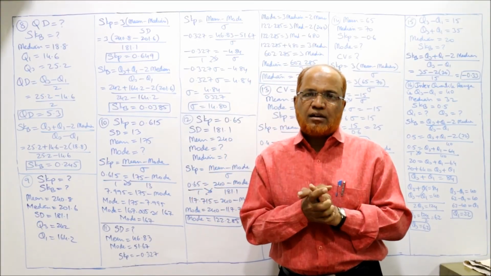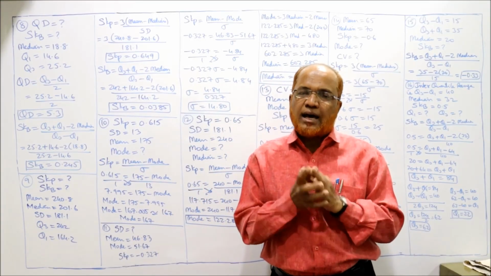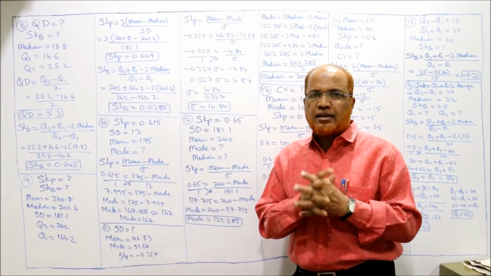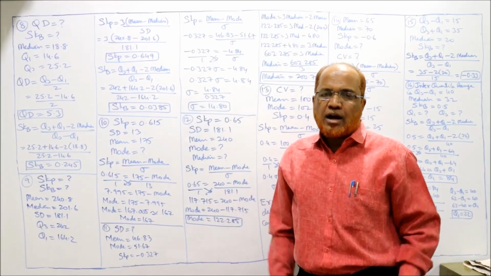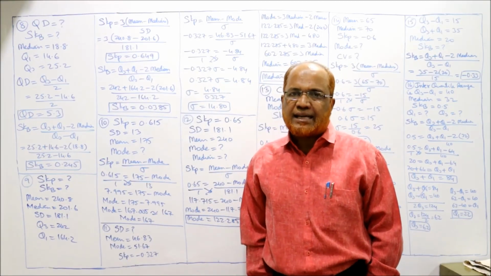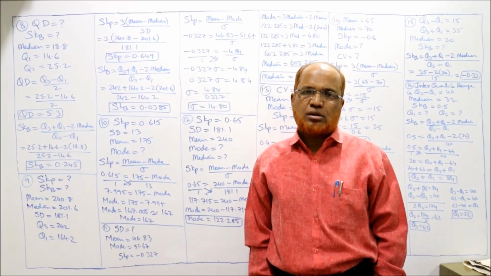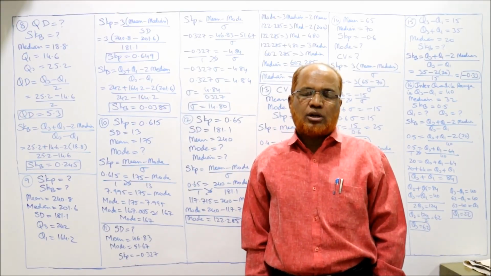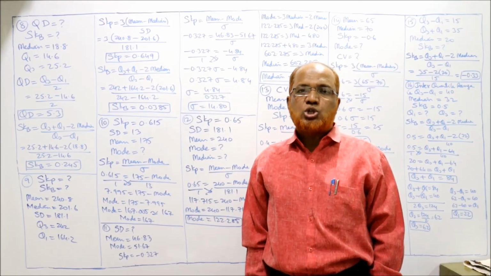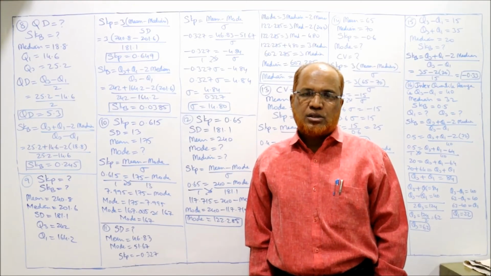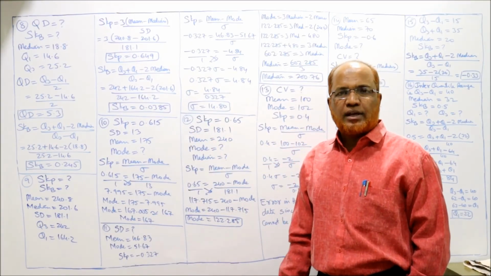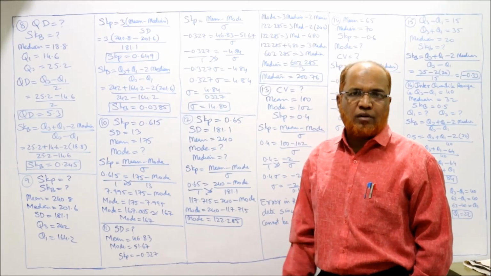After watching these videos, I think you have full confidence in calculating the measure of skewness according to Pearson and according to Bowley. And lastly, I selected 16 short answer questions to help you get perfection on short problems in the examination. Apart from long problems, short problems may be asked. So work out these problems by yourself, then you will get more and more knowledge and confidence.